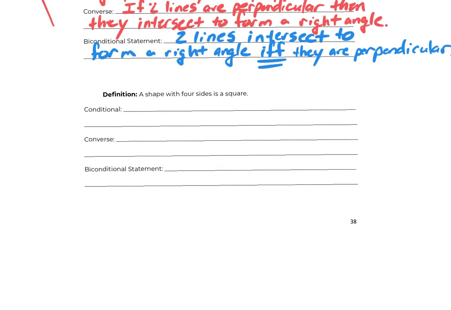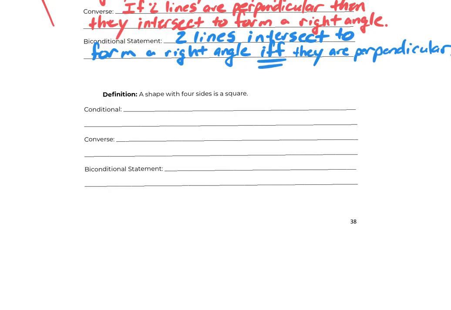Okay, let's look at the next one. A shape with four sides is a square. Okay, that's the definition that's given to me. What we're kind of trying to decide here is, is it a good definition or not? Okay, if I can write a biconditional with this, then that's a pretty good definition. And if I can't, then it's not a very good definition.